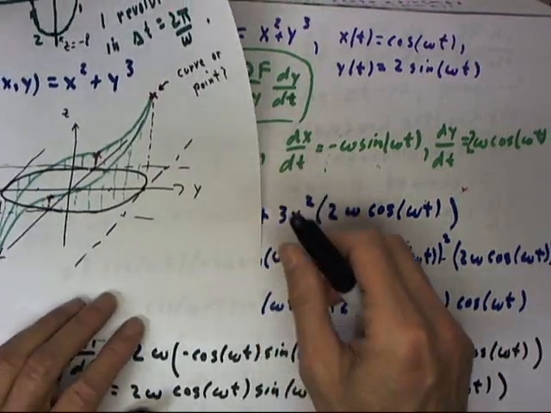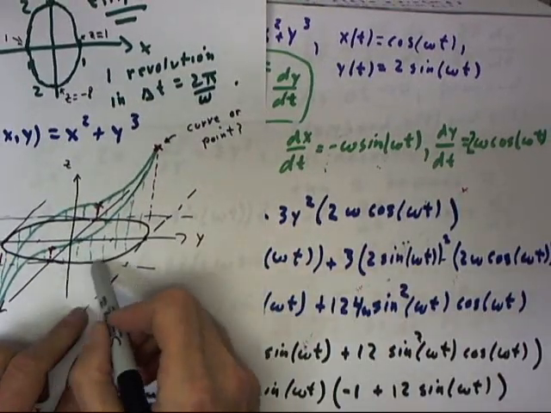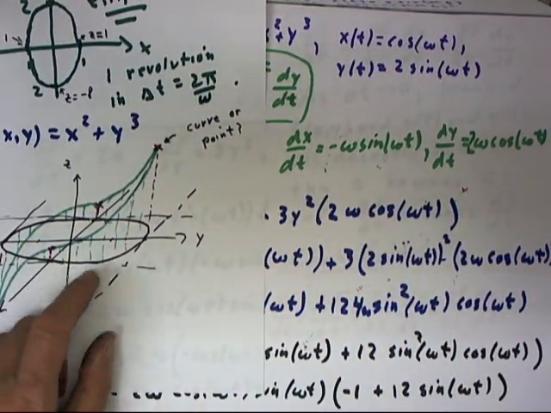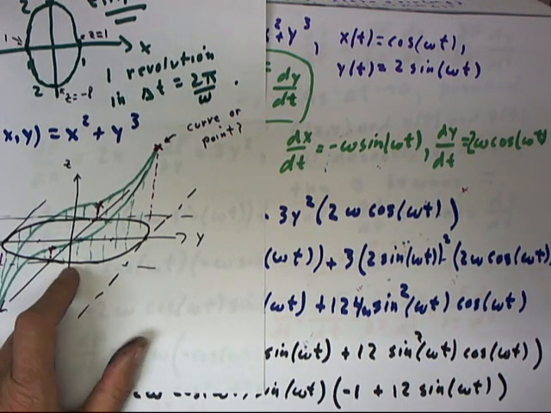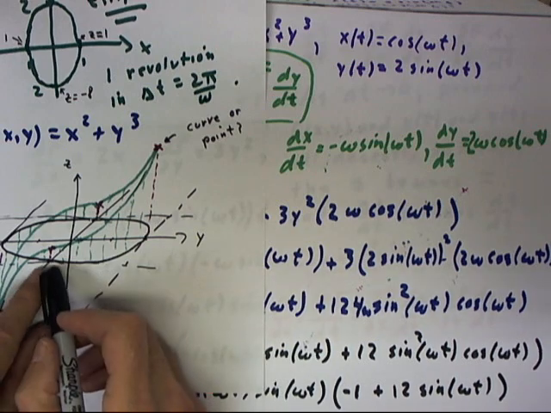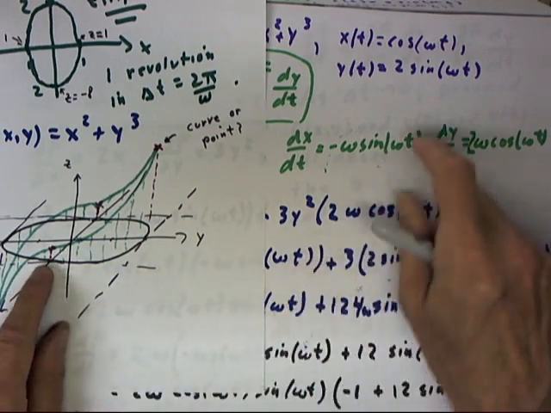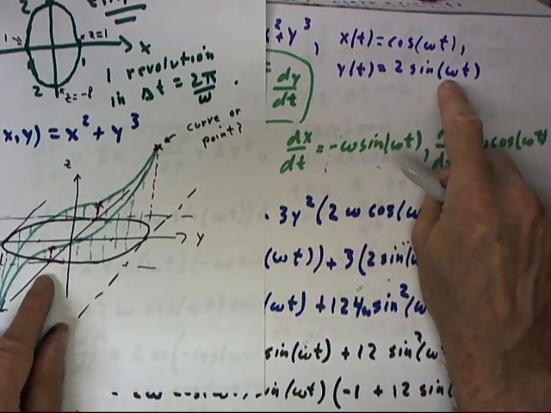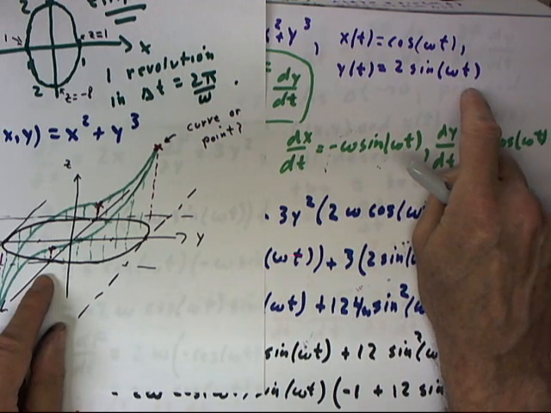Okay, well, let's think about, first of all, this ellipse. Where are we in this ellipse at different values of t? Well, it should be clear that when t equals 0, we're here, because when t equals 0, x is 1 and y is sine of 0, which is 0.